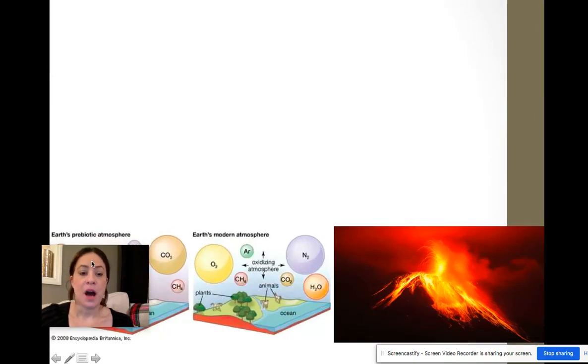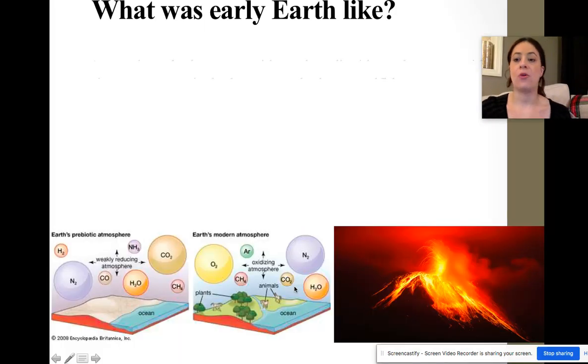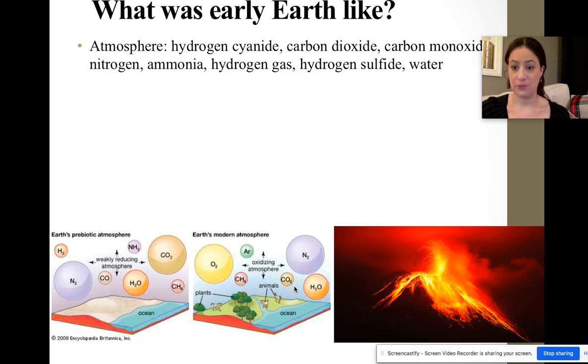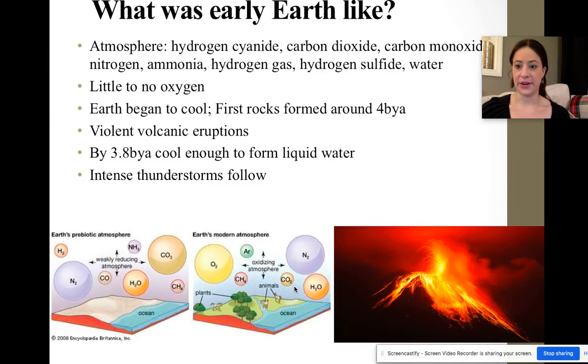Now, if we are looking at how life first formed, we need to think about what materials there would have been on Earth before that life would have first formed.